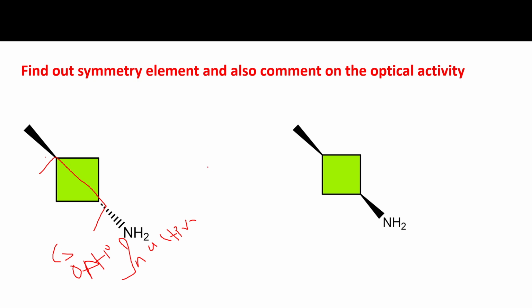Now if we talk about the tri-substituted one, then what will happen? If a molecule is tri-substituted, like there will be methyl down.